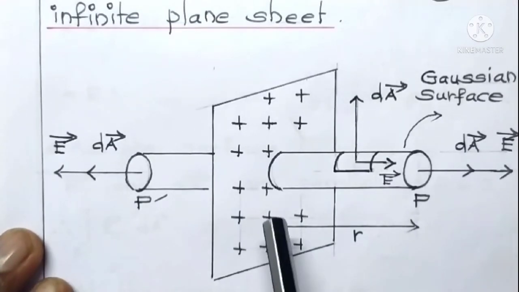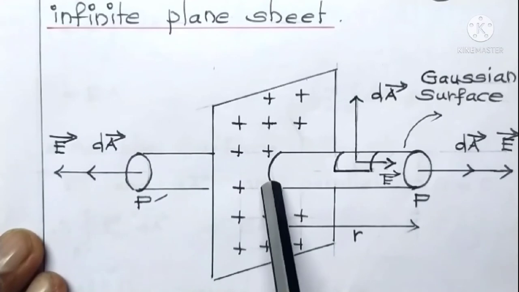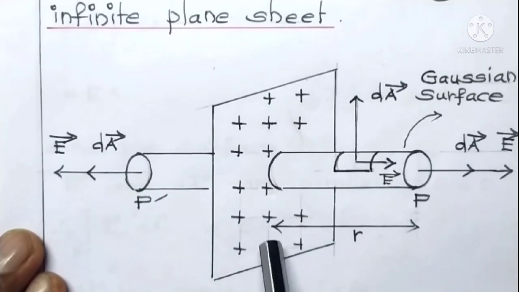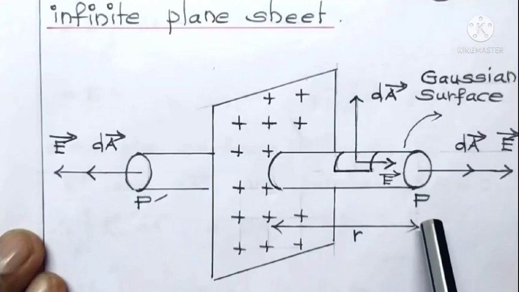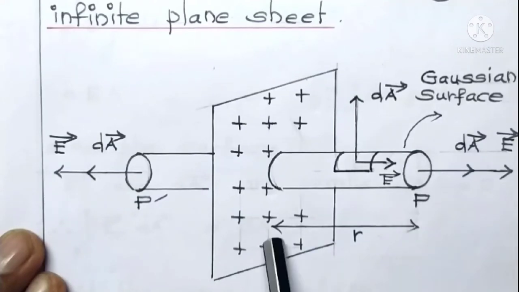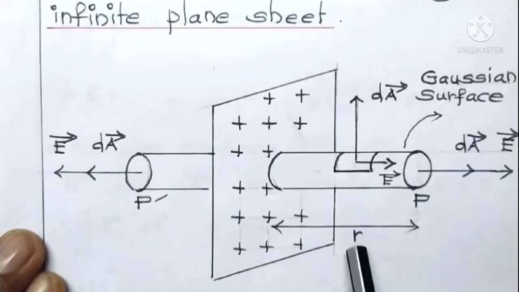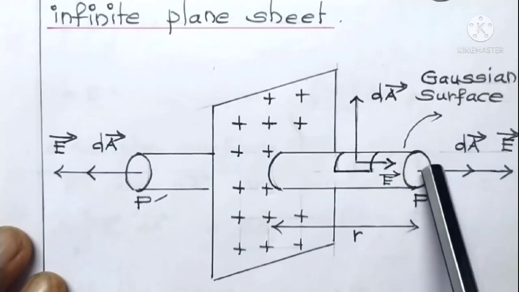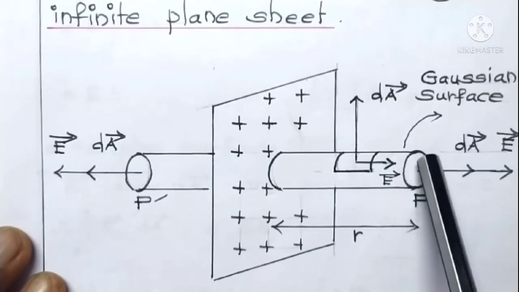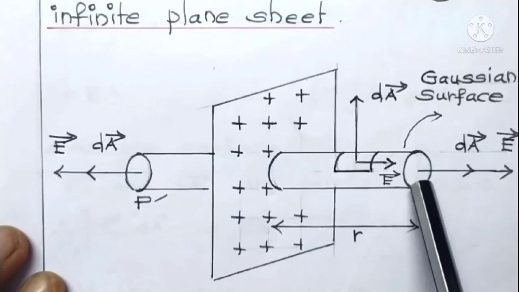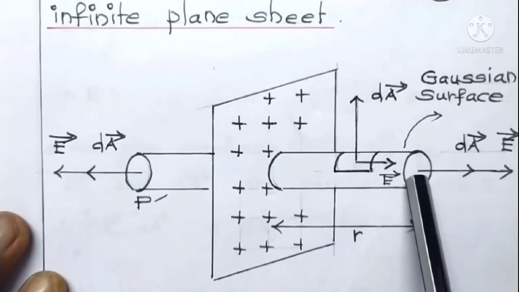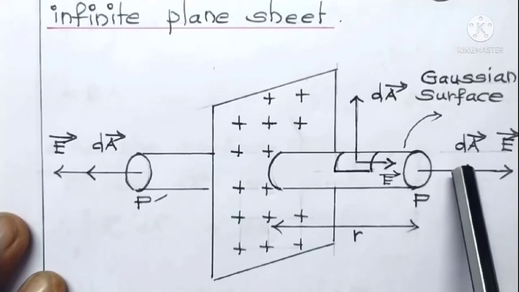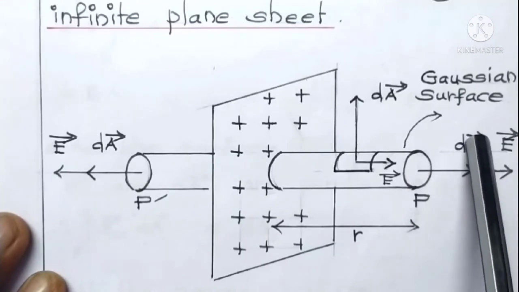Now, this is the center of this plane sheet, and I am going to calculate the electric field at this point P. So the distance between this center and this point is nothing but small r. Now, let me take a small circular surface over here. Let it be dA, and a vector which is perpendicular to this small surface is nothing but dA vector.